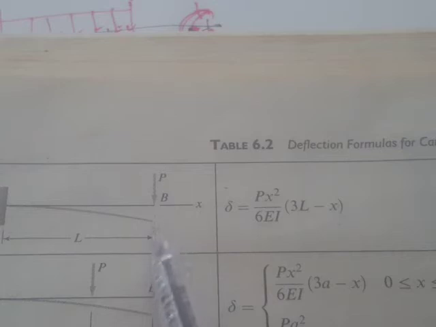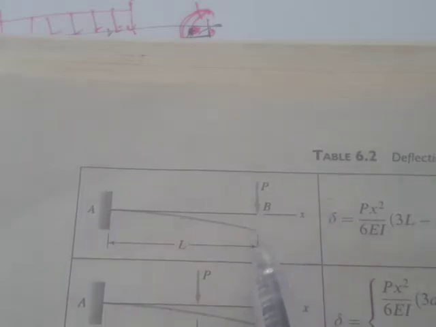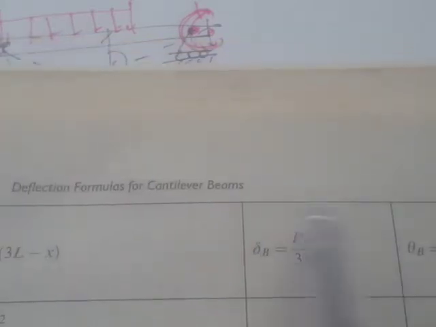Okay, so the last two columns right here, you would notice that it says deflection at B. If you want to find the maximum deflection, the maximum deflection actually occurs at point B, because this is point A and this is point B. So how do you solve that? Then you just use this equation, but the general equation is actually from this column.